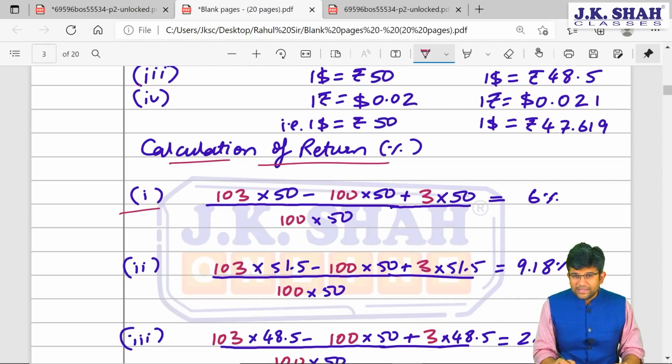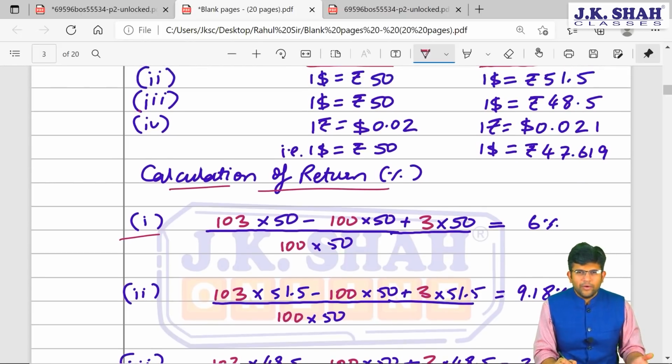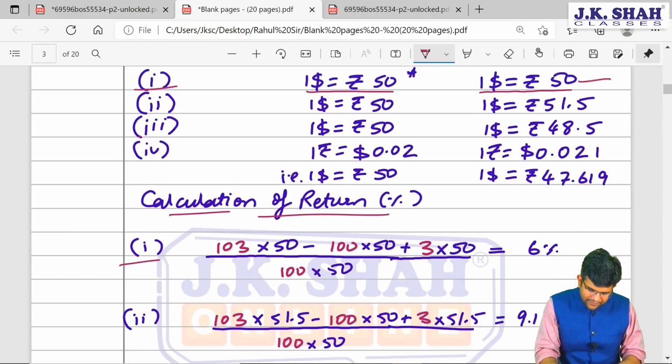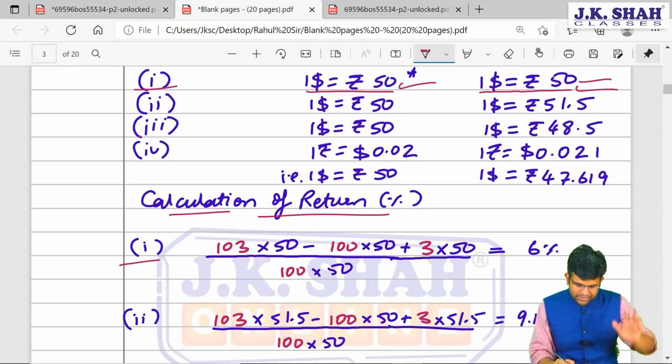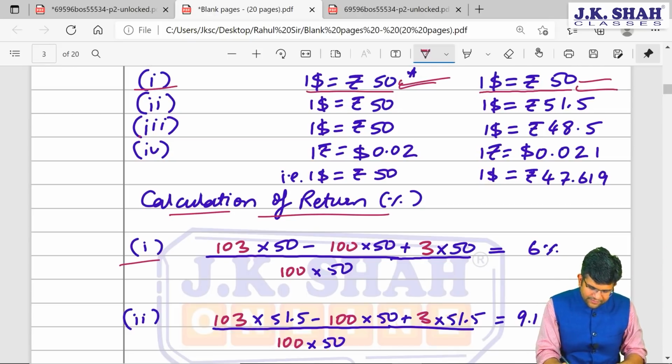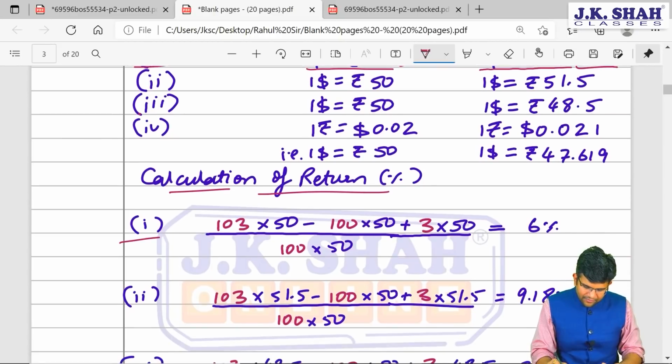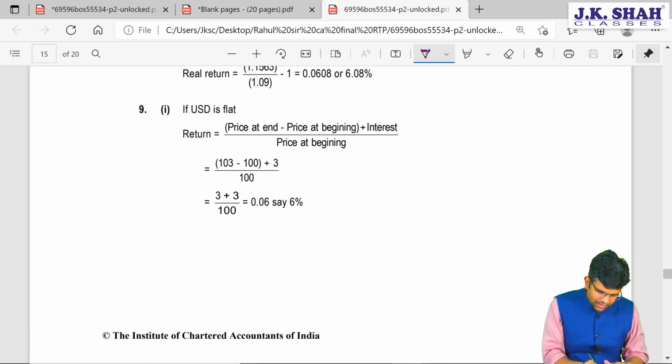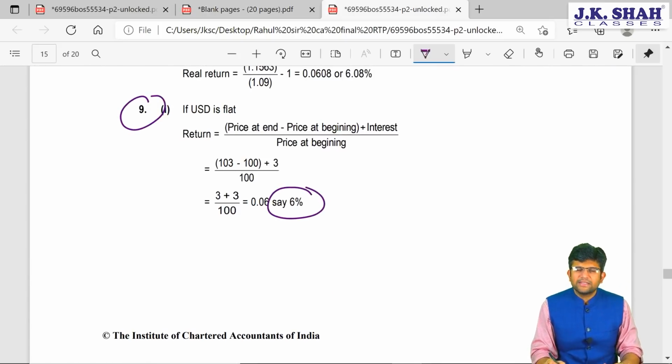Yes, children, do you realize $3 will be the interest he will get? But considering the rates, he will be able to convert these into rupees at 50 both today as well as at the end of year 1. So 103 into 50 minus 100 into 50 plus 3 into 50, because that $3 you will get at the end of first year, the whole upon 100 into 50. Children, do you realize will give a return of 6%? Of course, multiplied by 100, overall will give a return of 6%. That is exactly, children, what ICAI has got right as 6%.